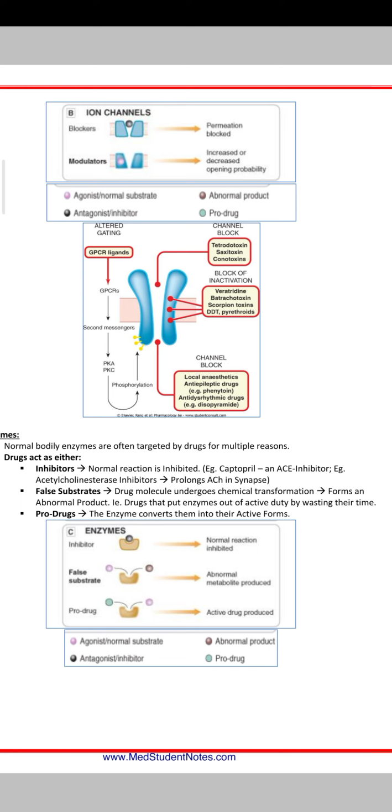That is the use of prodrugs. So in inhibitors, the reaction is inhibited. In false substrates, the drug molecule undergoes chemical transformation, forming an abnormal product or abnormal metabolite. In prodrugs, the enzyme converts them into their active forms.